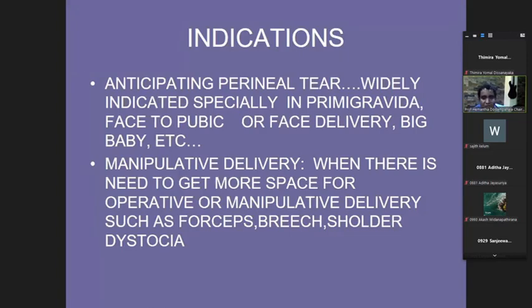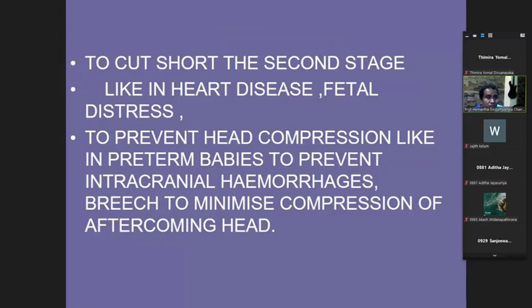It's a deliberate cut that is made in the perineum after local anesthesia. It is also done to cut short the second stage of labor, like in heart disease and fetal distress, and to prevent head compression, like in preterm babies, to prevent intracranial hemorrhages.